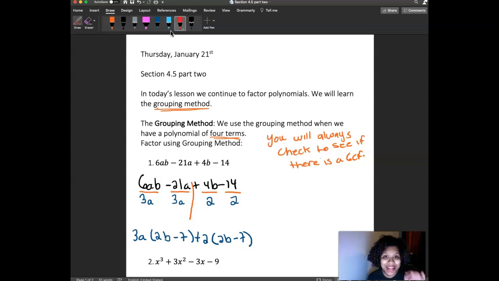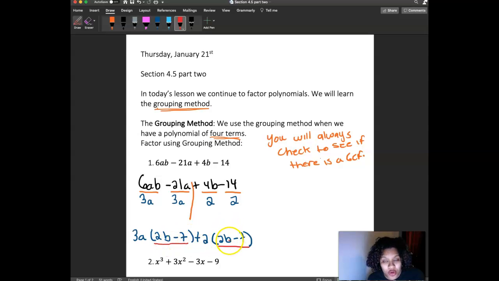Very important, very important. When you get to this step, this binomial and this binomial must match. If this binomial and this binomial are not the same, then there's a problem. You must go back and check your work because a mistake was made.